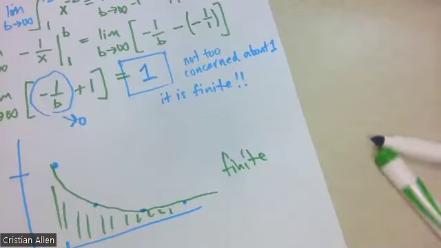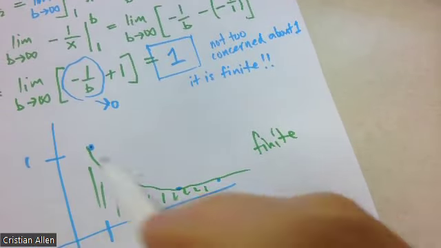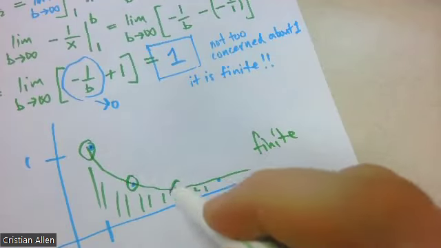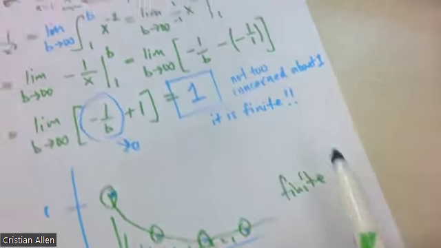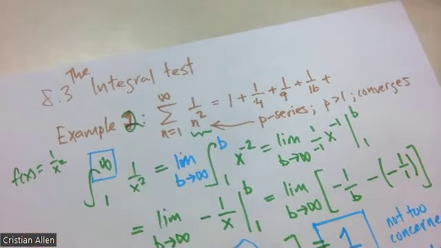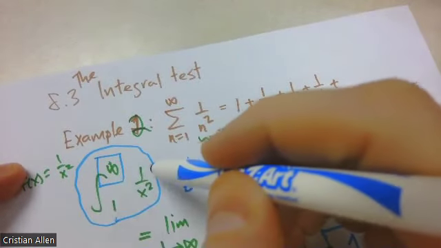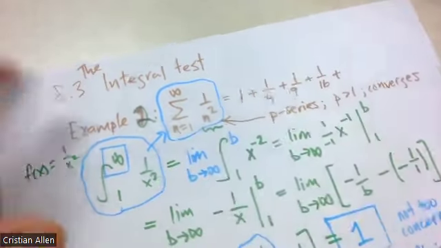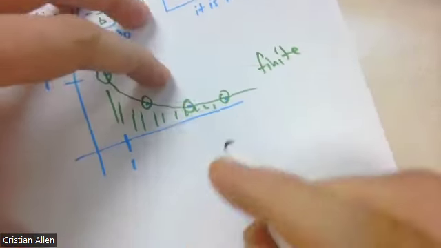So if the integral of that is finite, and that's basically adding up all this area, that is somewhat related to adding up the sequence. If you just add up the sequence, then that should also be finite. So the integral test says because this integral right here is finite, then this is finite, using some of the logic there.